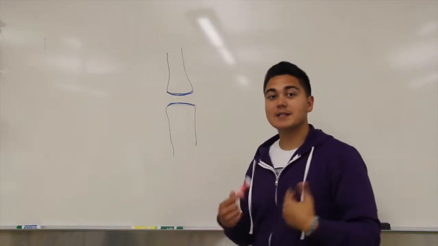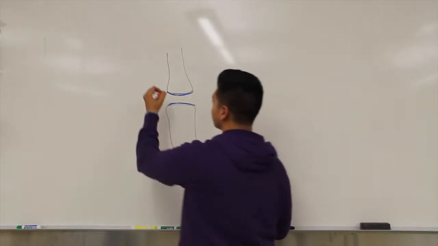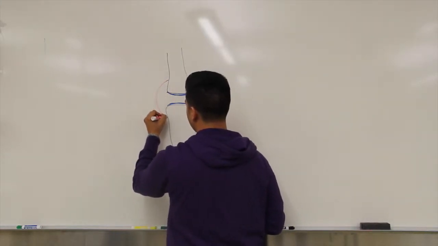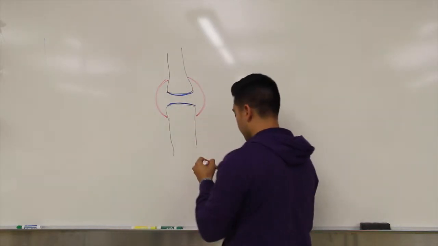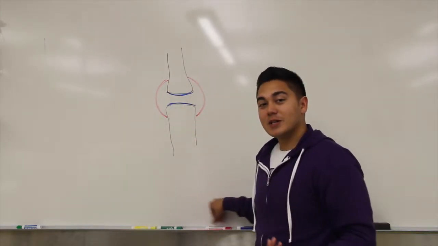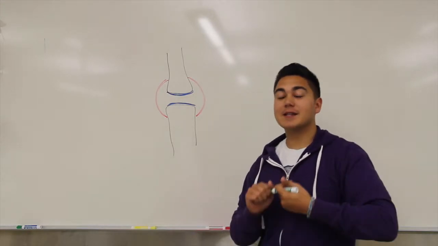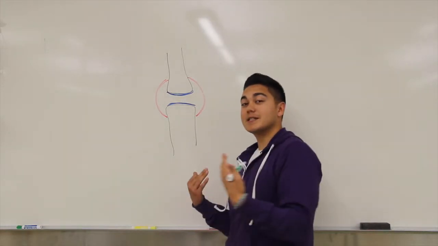Encapsulating the joint is the joint capsule. The innermost lining of the joint capsule is the synovial membrane, which secretes synovial fluid.